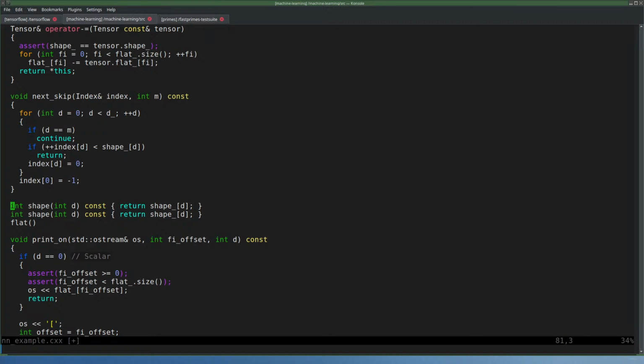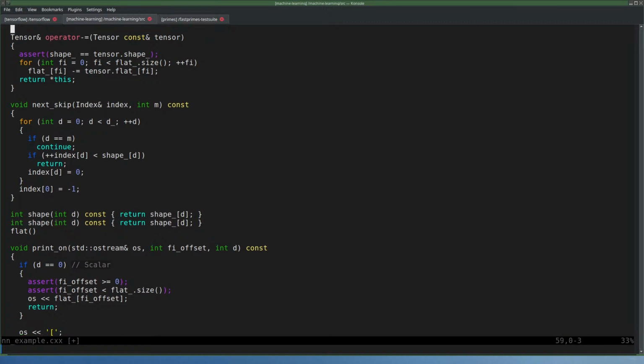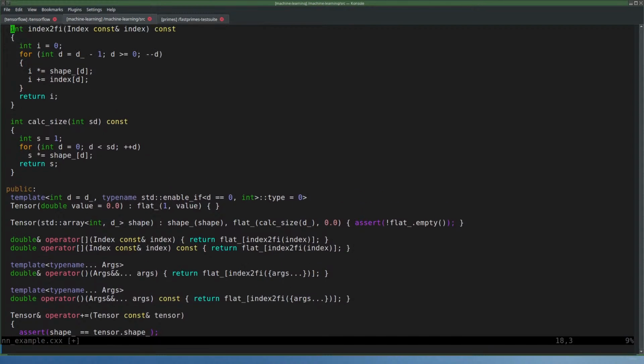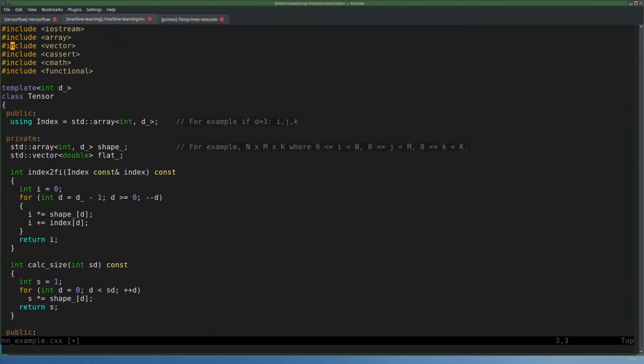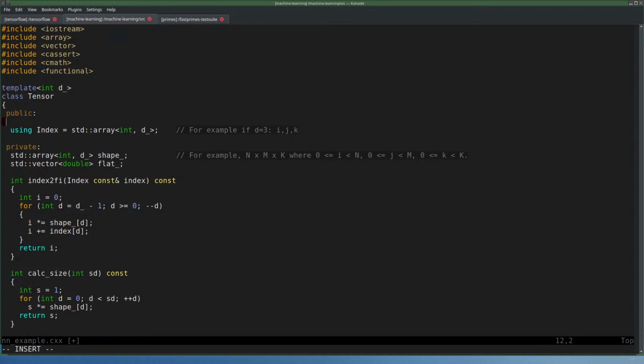I really need to make a shape type, come on. Which is exactly the same as index. Oh no.